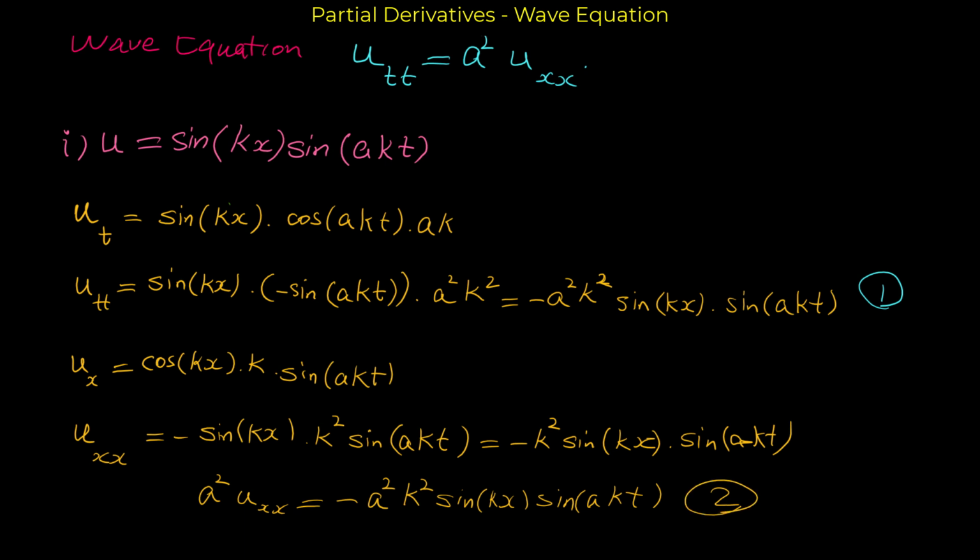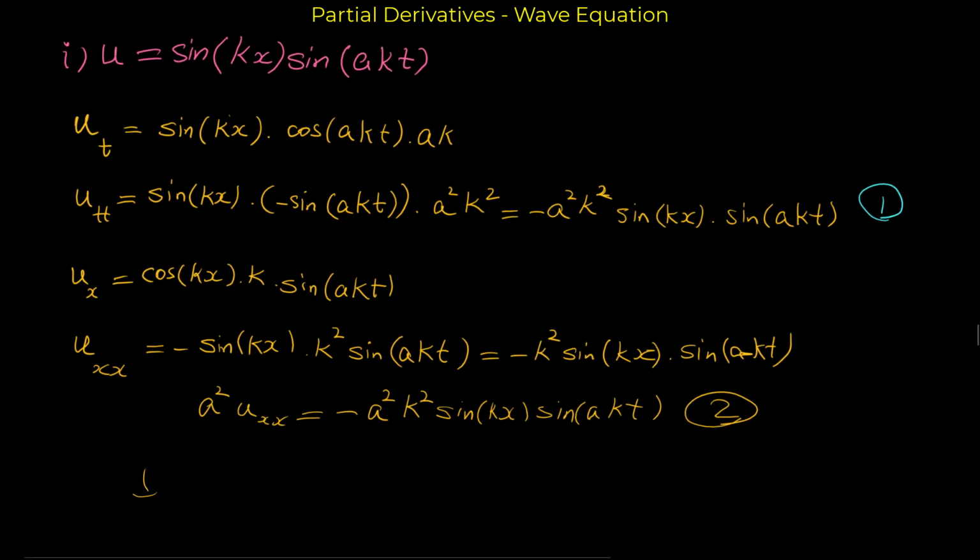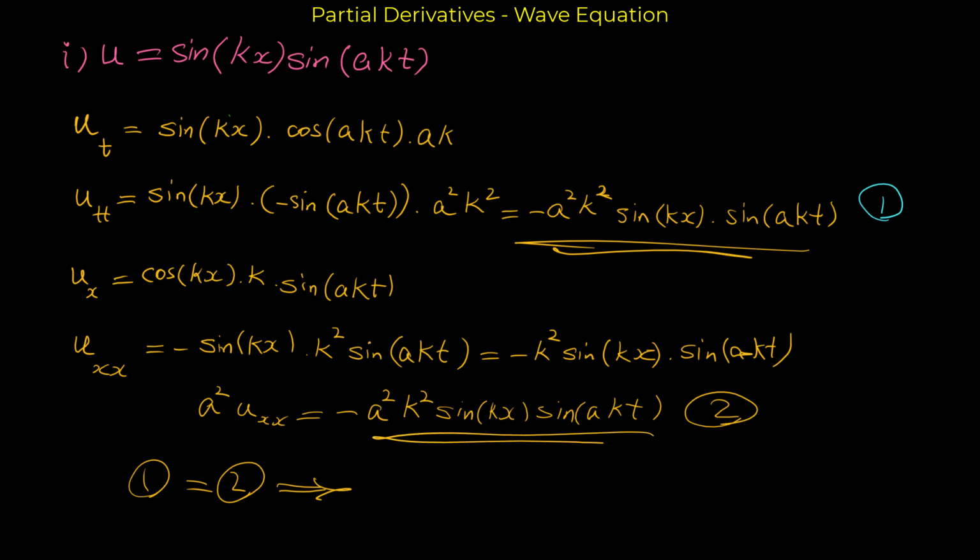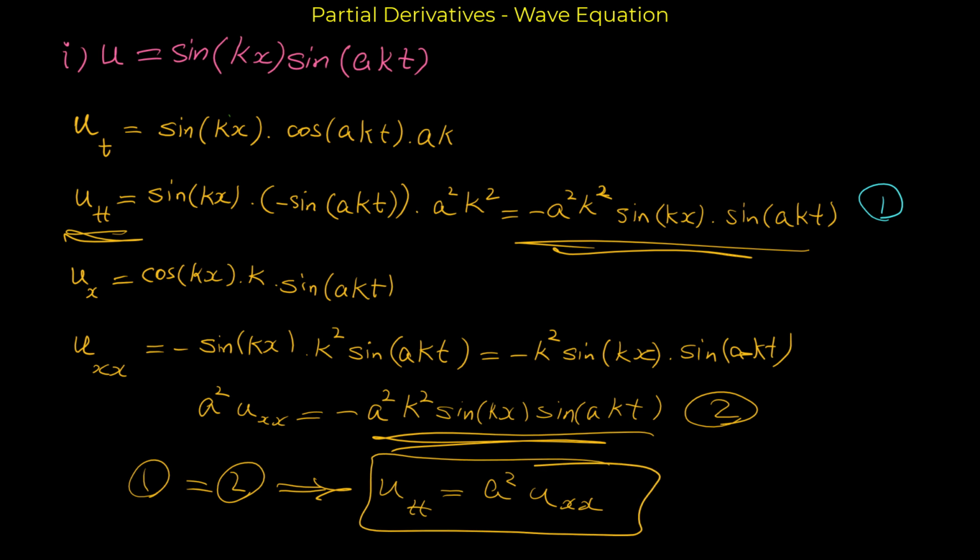By comparing relation 1 and 2, we can see that 1 equals 2. This means that, because this expression is exactly the same as this expression, utt is equal to a2uxx. So we prove that this function satisfies this equation.